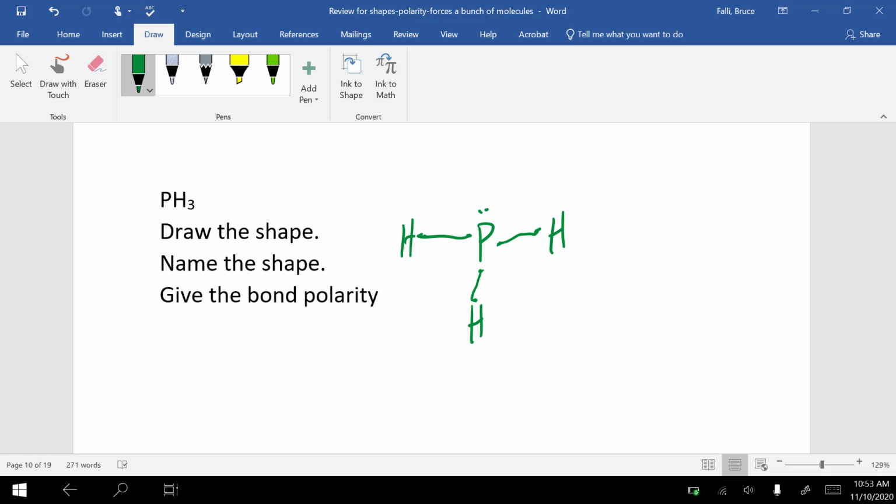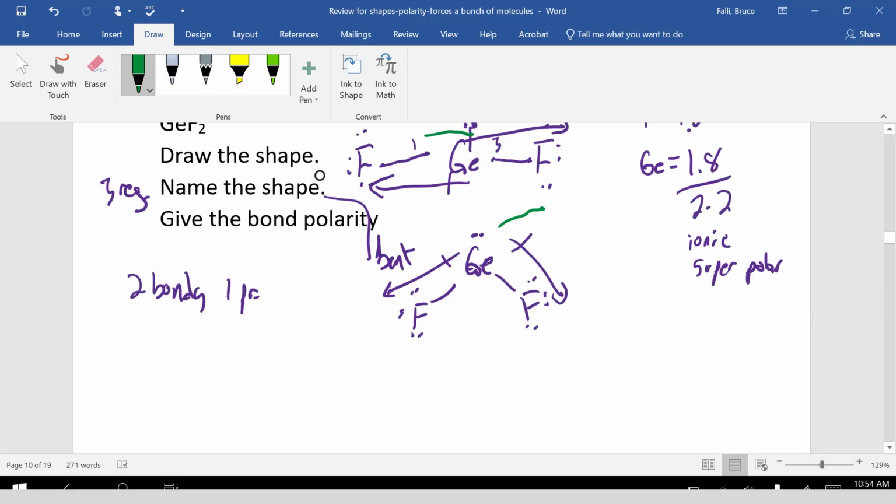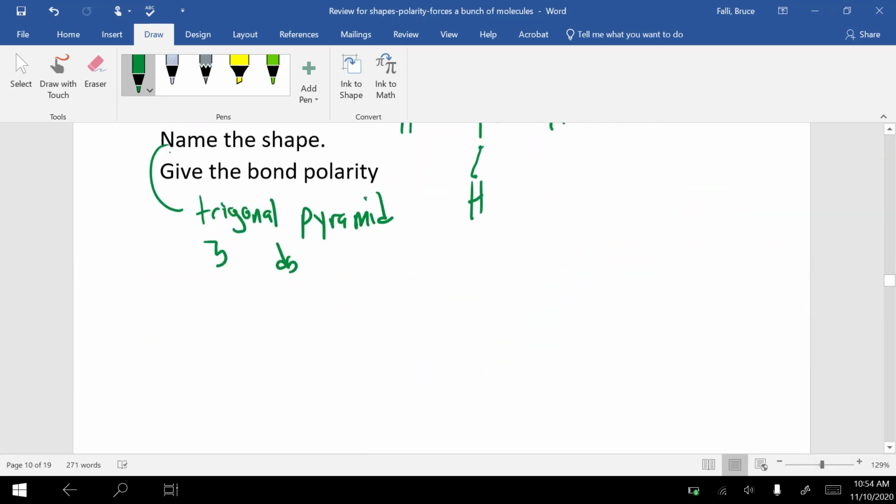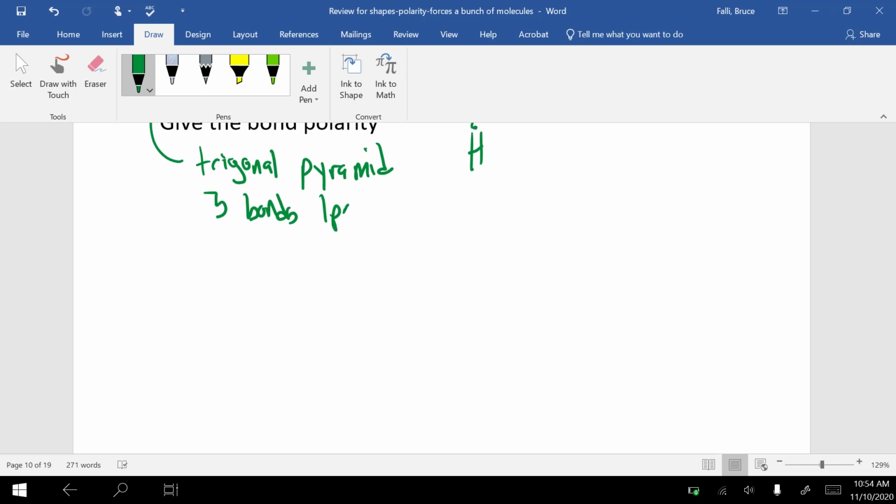Name the shape. That shape, from looking at my shape sheet, is trigonal pyramidal. 3 bonds, 1 pair, 4 regions.